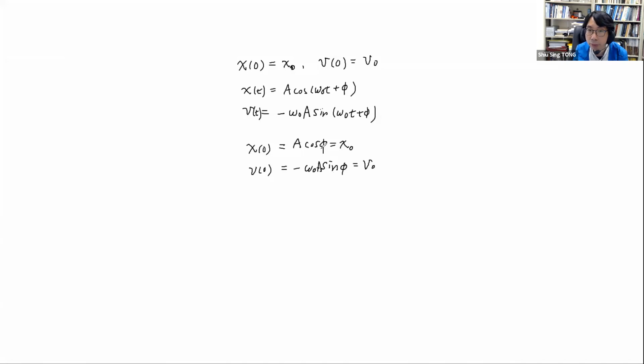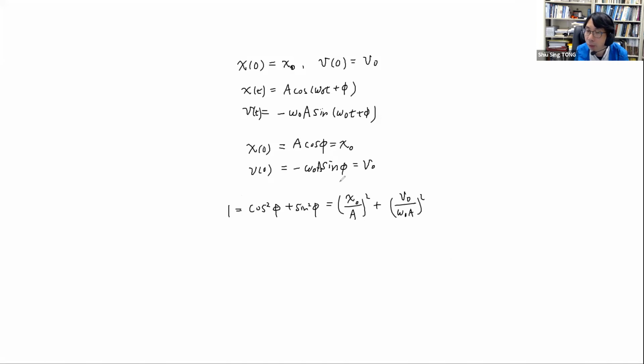Now there's a simple way to eliminate phi. Okay, because we know that cosine square phi plus sine square phi is equal to 1. Is that right? That's a trigonometric identity. So that means x naught over A, squared, which is cosine square, plus v naught over omega naught A, squared, is equal to 1. Okay, this is simply cosine square. This is simply sine square.